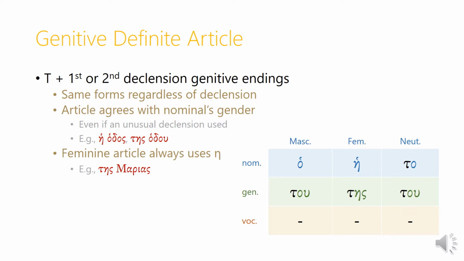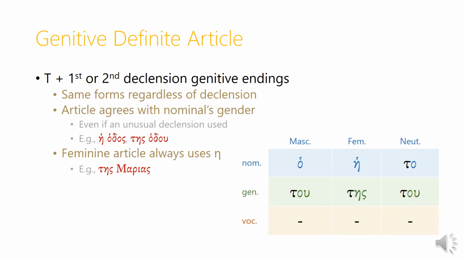And so the article will have to agree with the nominal's gender, just as before, even if an unusual declension is used. So we're going to see later on that occasionally we'll get a feminine noun that uses second declension endings, but the definite article will remain feminine.